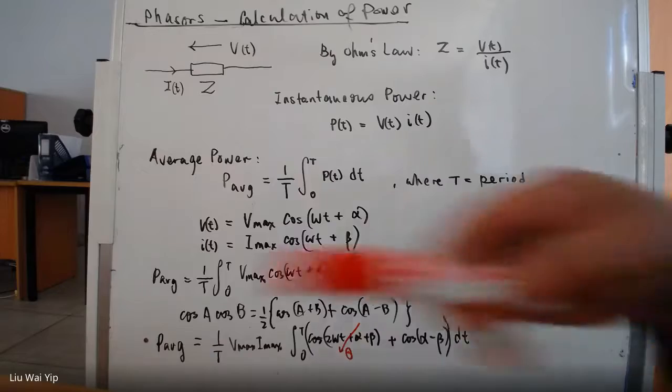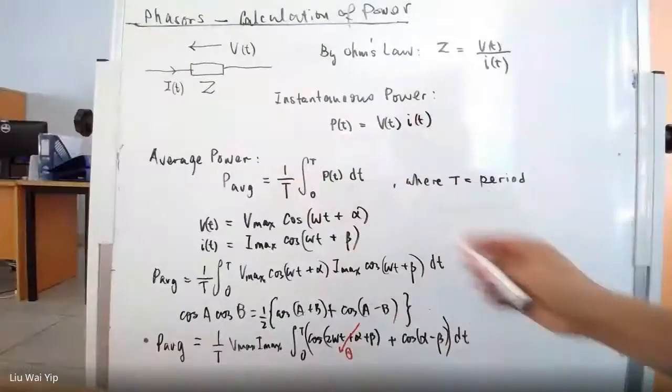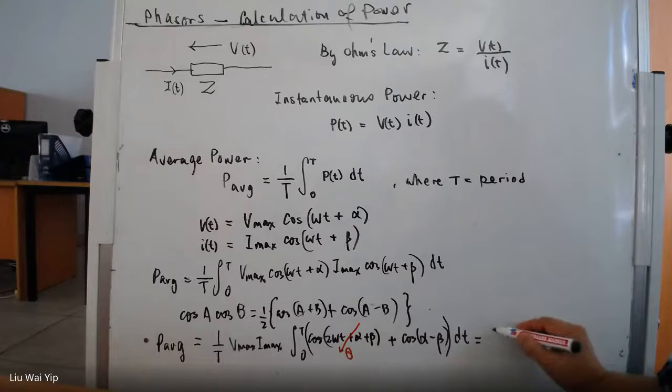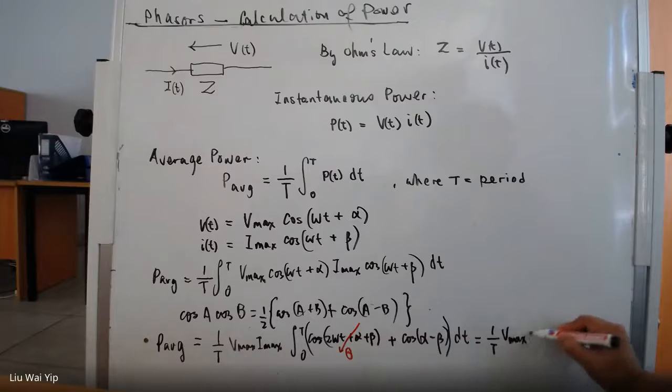So now we can find the value here. 1 over T, and V max, I max, and then here we will have cos alpha minus beta.